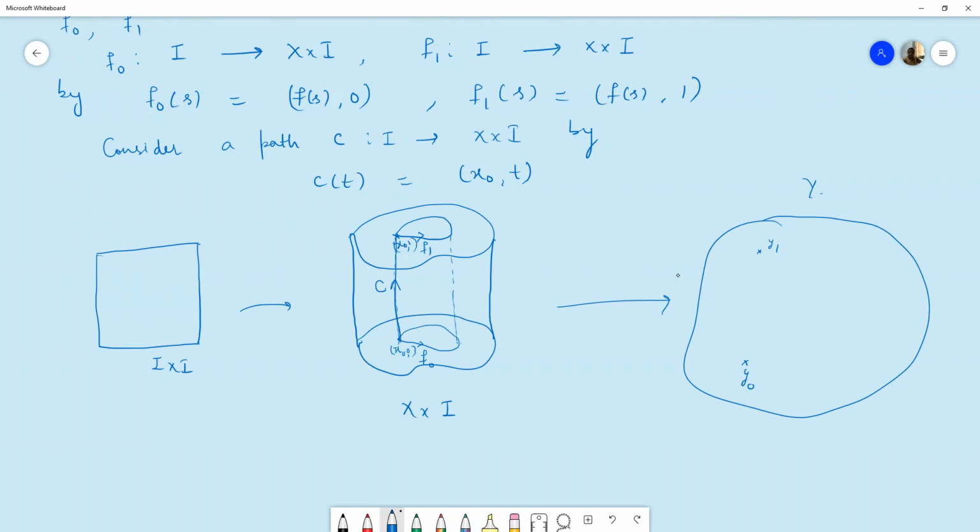So let us say these two points are y0 and y1, and now we have a path alpha from y0 to y1.